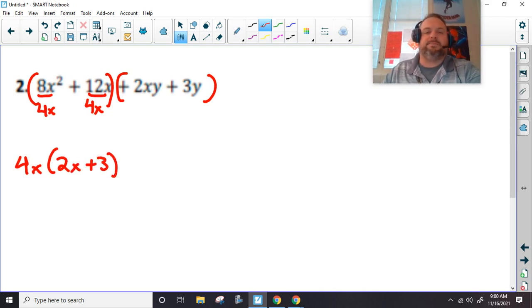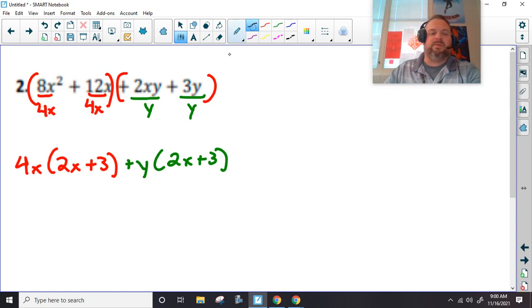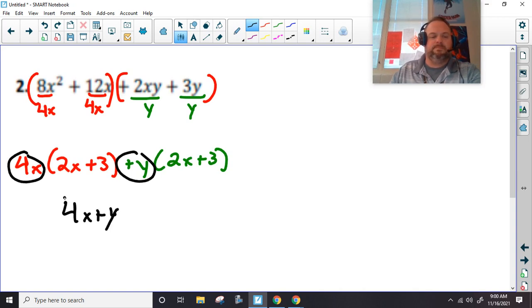What's the only thing I can divide out of 2xy and 3y? A y. So I put that GCF right here. Now, we put our GCFs together, and we put our leftovers together.